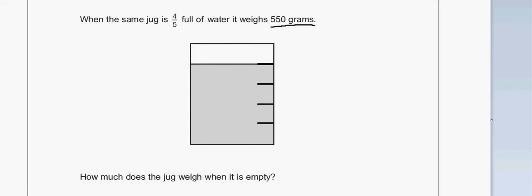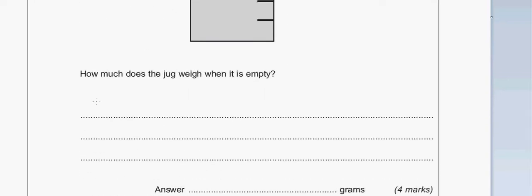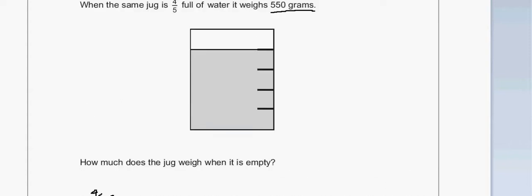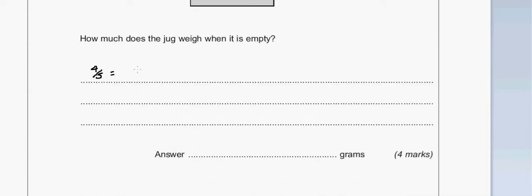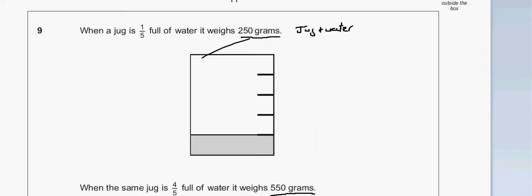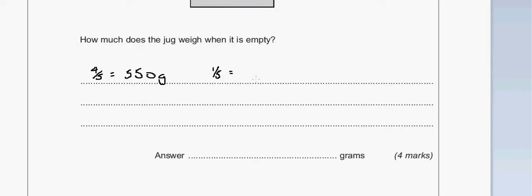So 4/5 equals, I'm just going to write what's already here, 550 grams, and 1/5 equals, I believe it was 250 grams.